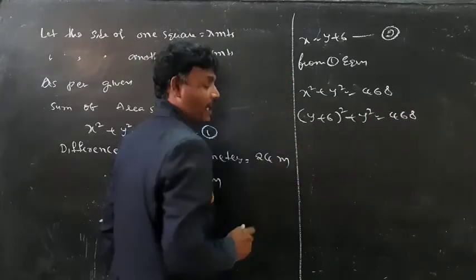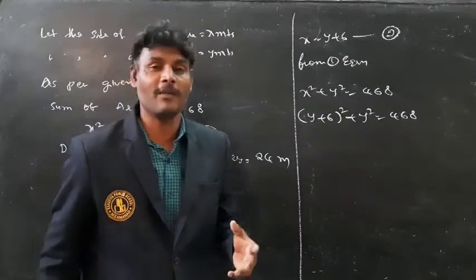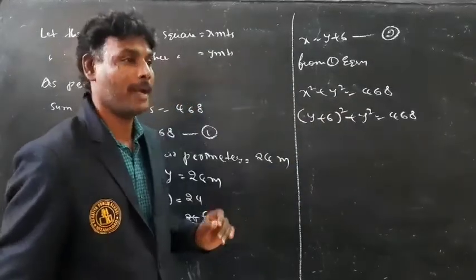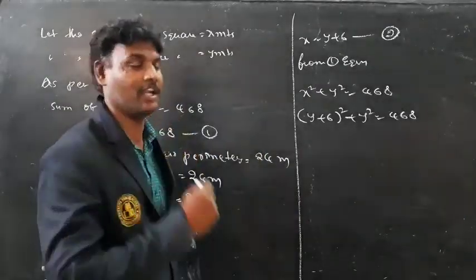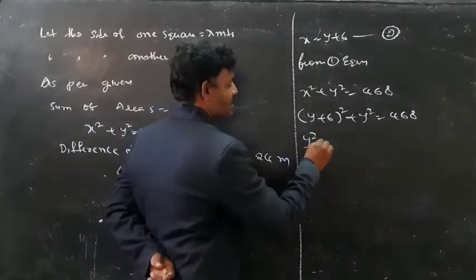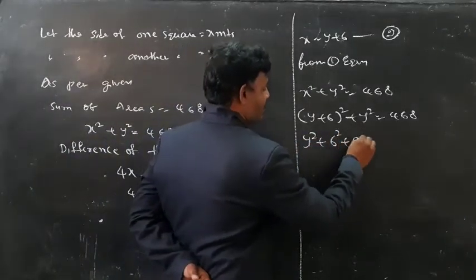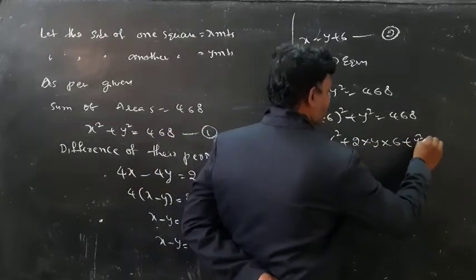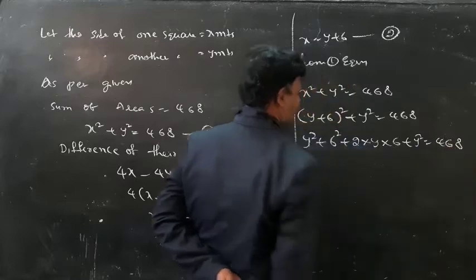It is in the form of (a plus b) whole square. What is the formula of (a plus b) whole square? a square plus b square plus 2ab. By using that identity, y square plus 6 square plus 2 into y into 6, plus y square is equal to 468.